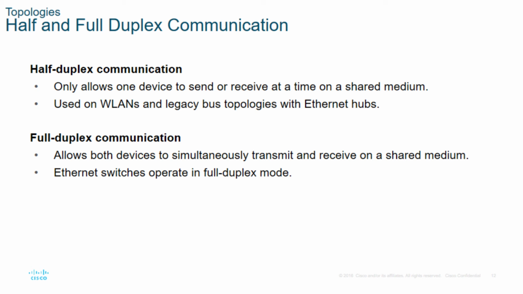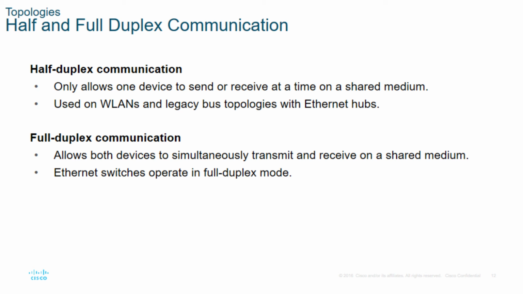In half duplex, both devices can transmit and receive on the media, but cannot do so simultaneously. WLANs and legacy bus topology with Ethernet hubs use the half duplex mode. So half duplex allows only one device to send or receive at a time on the shared medium.